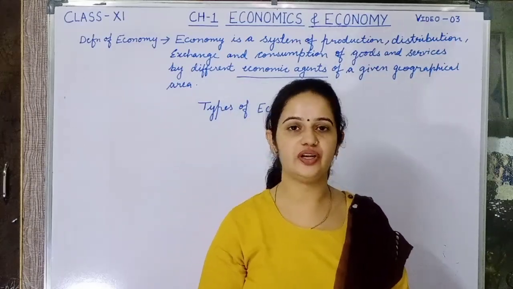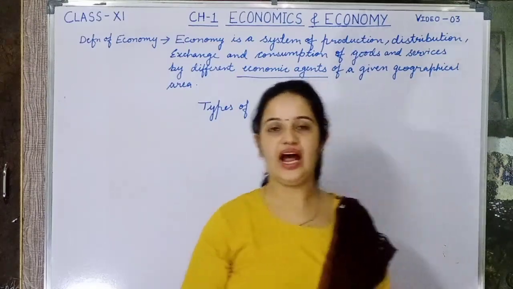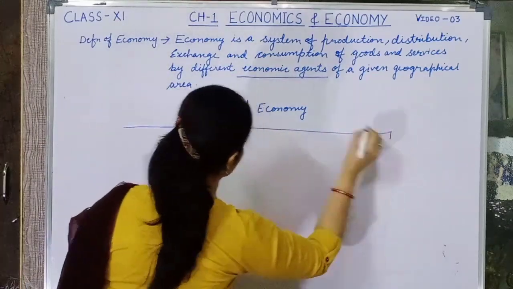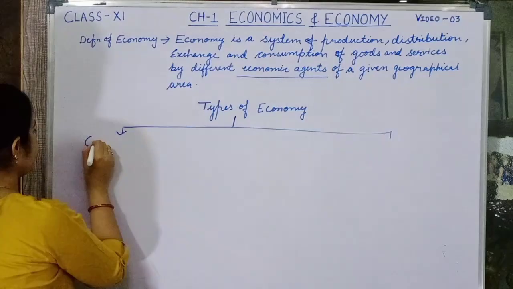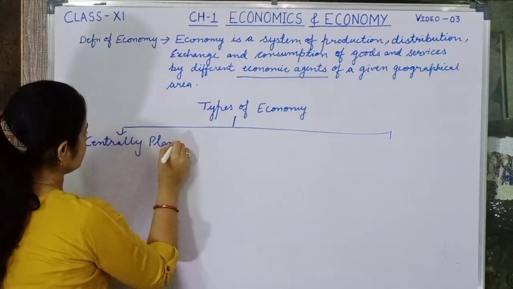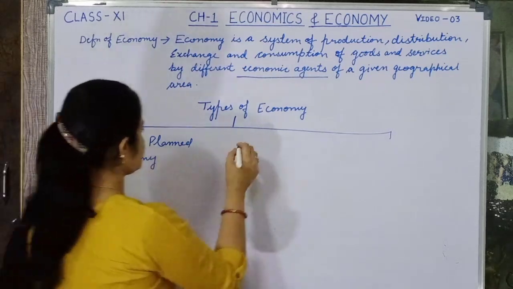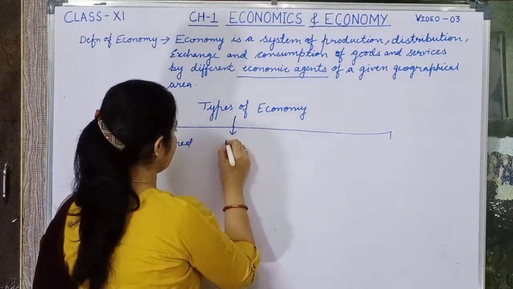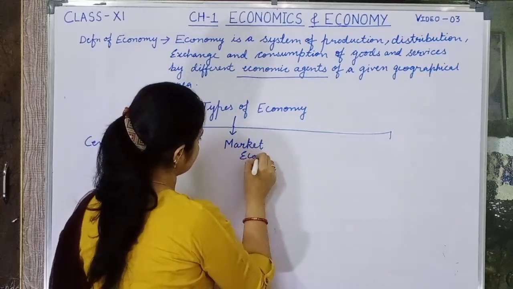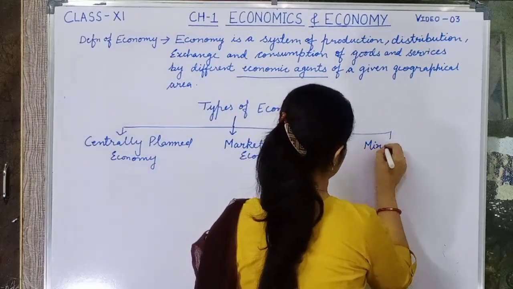So on the basis of degree of control, economies are categorized into three parts: firstly, centrally planned economy. Second is market economy. And third is mixed economy.